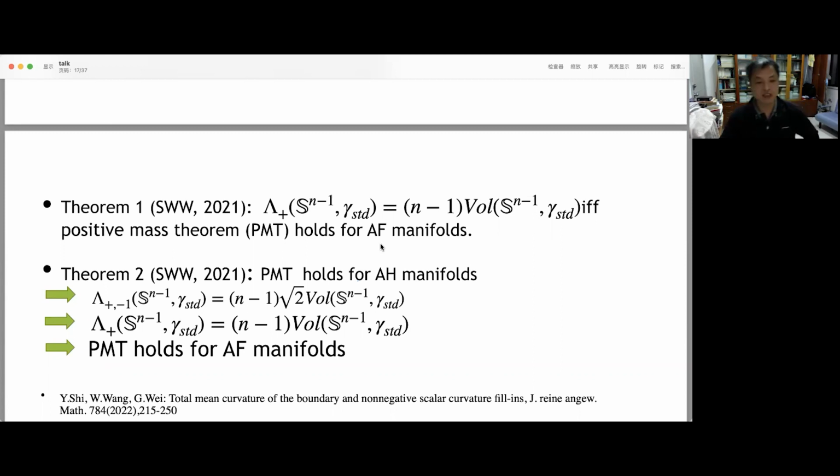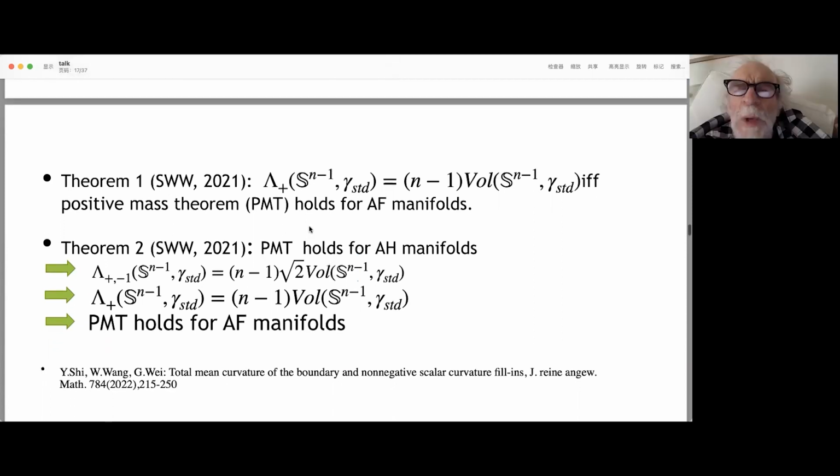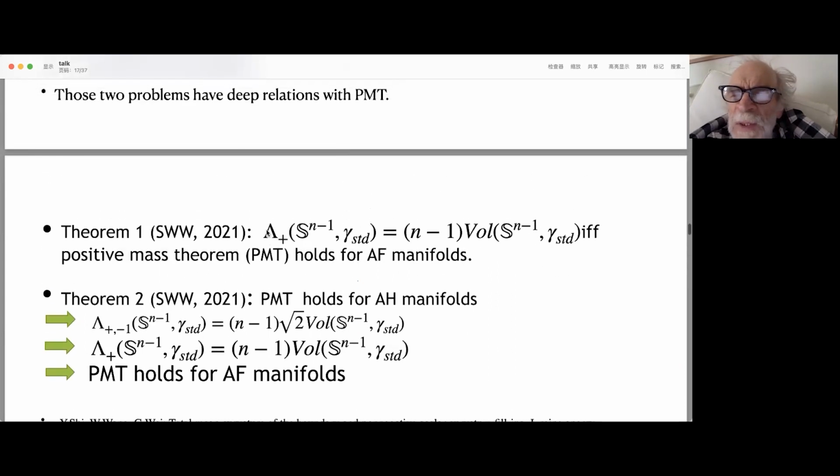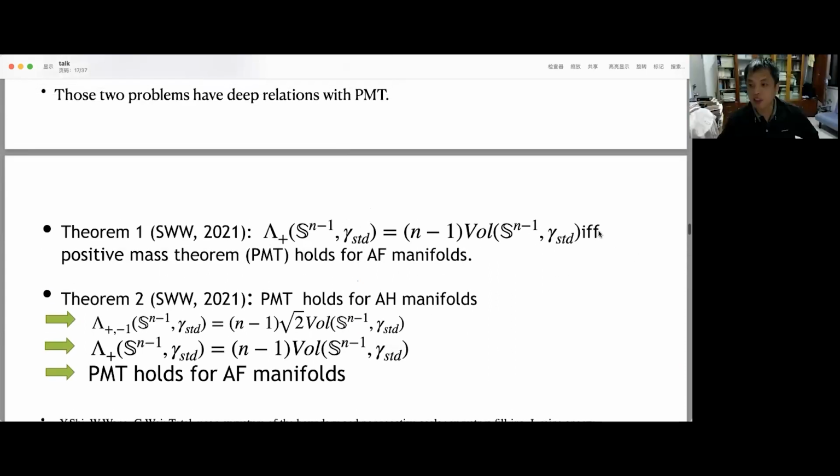This is the first result. What does this if and only if mean? That means if this is true, then positive mass for any asymptotically flat manifold is true.